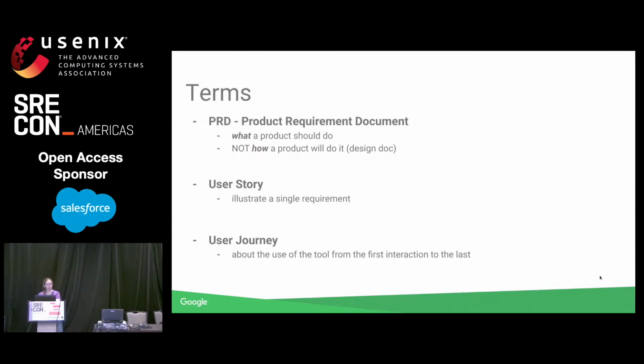A user journey, though, is from the first interaction of a user with the tool to the last interaction, and every single step in between. The goal is to understand the goal or workflow of the user, typically with a user journey.